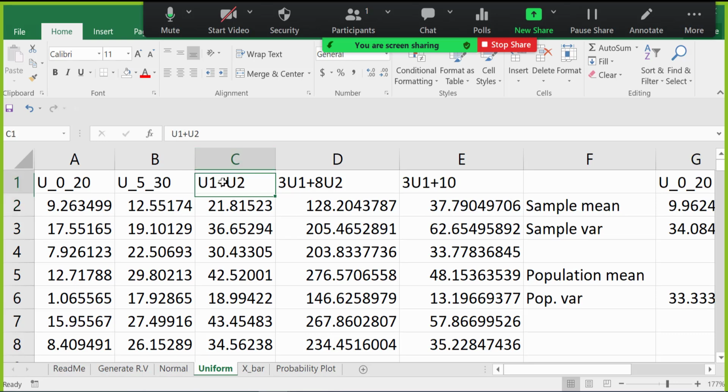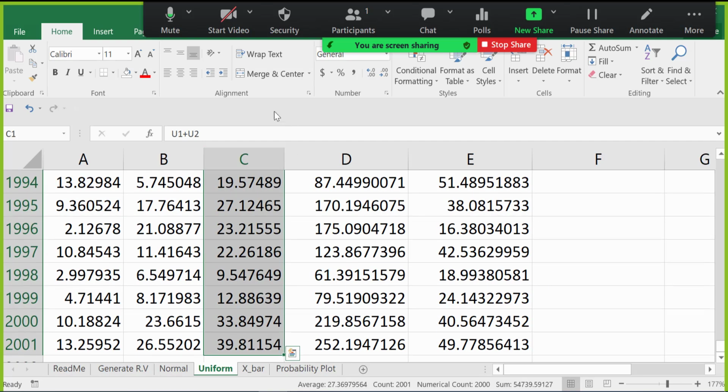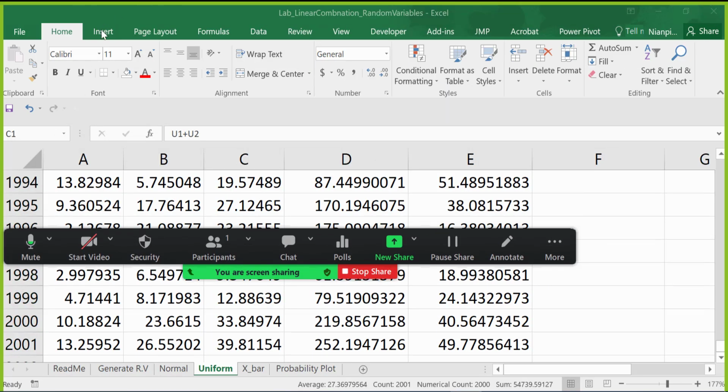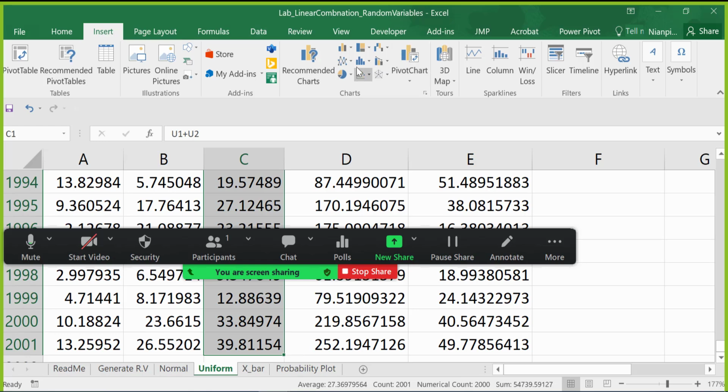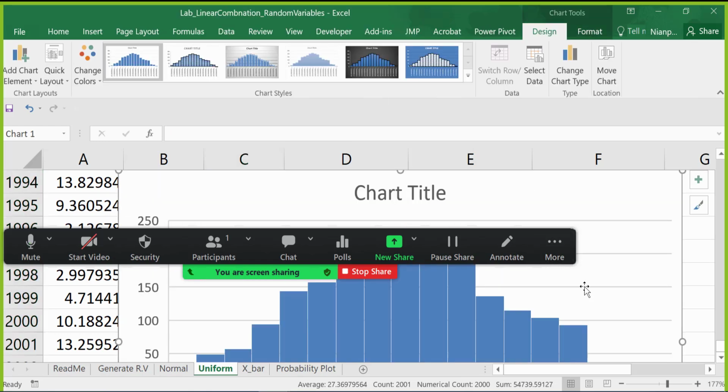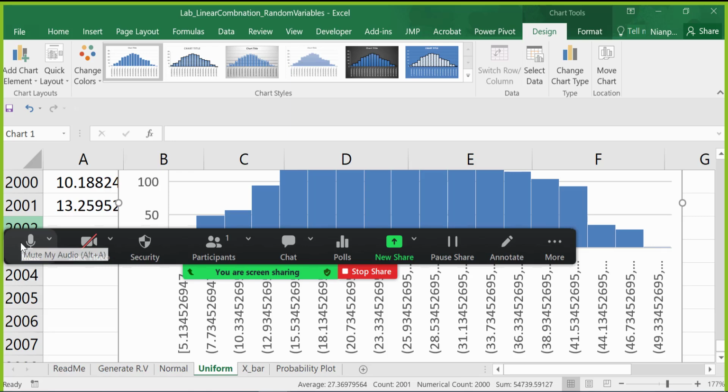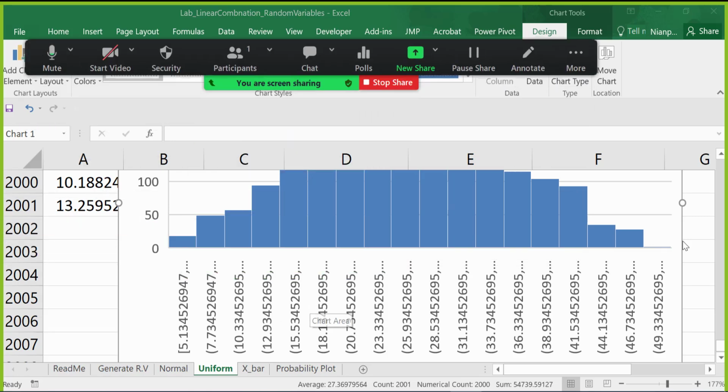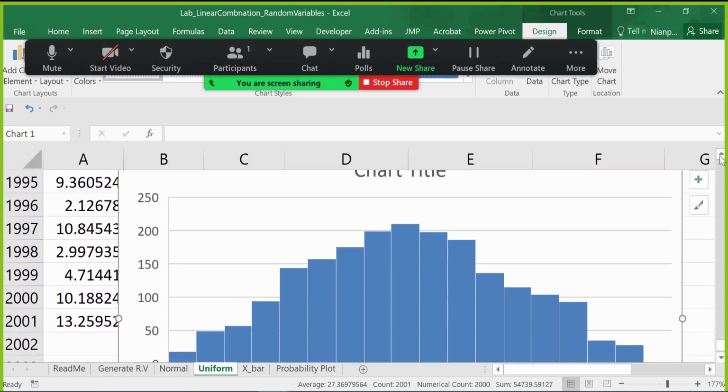So we can select the data to see what the histogram looks like, right? We insert a histogram. So do you think it still follows uniform distribution? Yes or no?